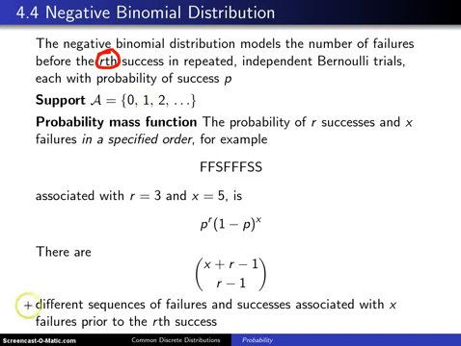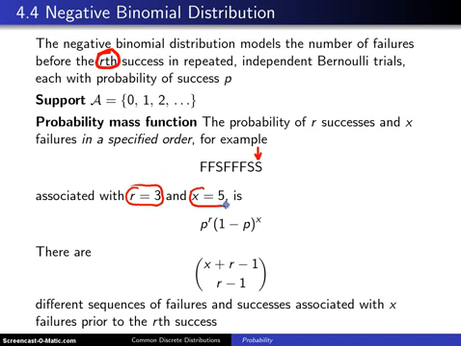Now at this point we're going to try to derive the probability mass function for the negative binomial distribution, and here is one way of proceeding. The probability of r successes and x failures in a specified order, and for example I have failure, failure, success, failure, failure, failure, success, success. This particular string right here, if you wanted the probability of getting this string in a specific order, and notice that we are waiting for the third success here. 1, 2, 3.